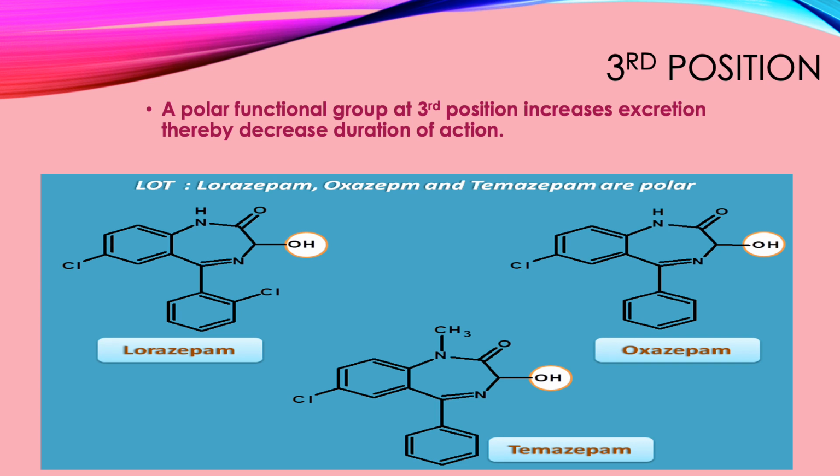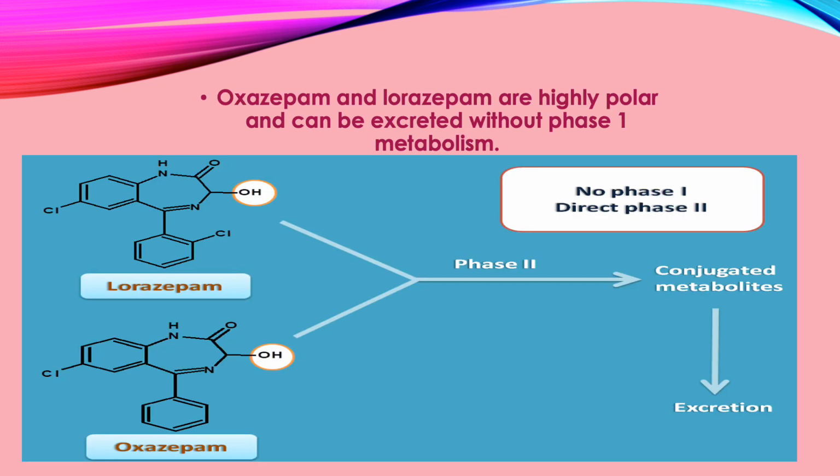Examples of drugs which have hydroxyl in our third position are lorazepam, temazepam, and oxazepam. Oxazepam and lorazepam are highly polar and can be excreted directly without phase 1 metabolism. So they can undergo phase 2 directly due to the presence of hydroxyl in our position 3.